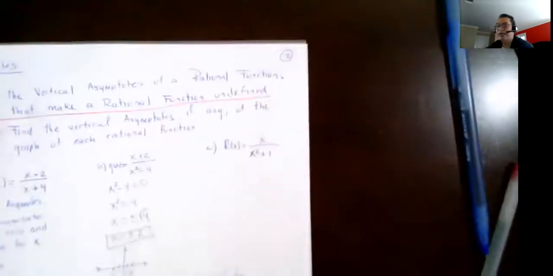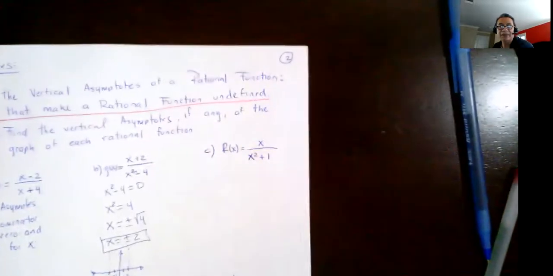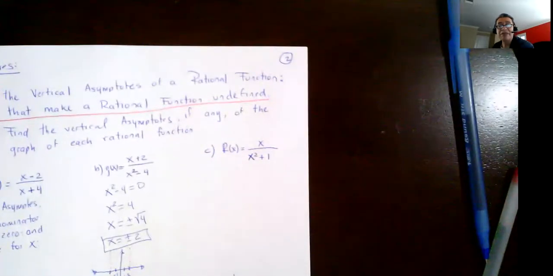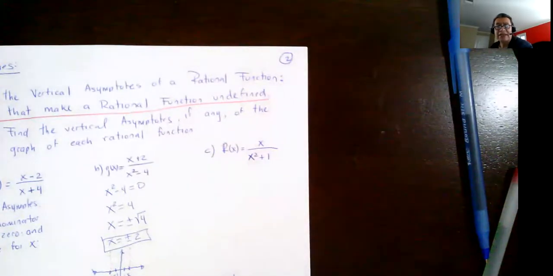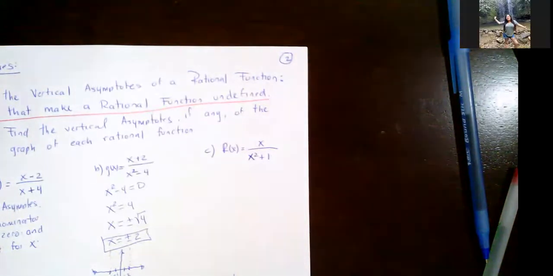Okay, so let's try C. It says R of x equals x divided by x squared plus 1. The question is, is there any value that will make the denominator undefined? Solve for x. I think we got an imaginary number.